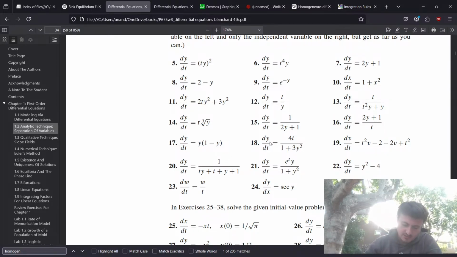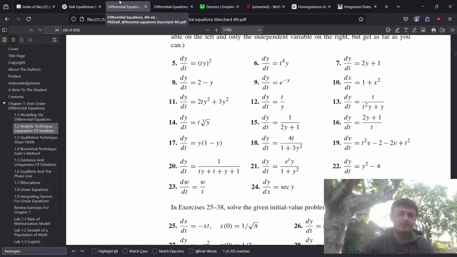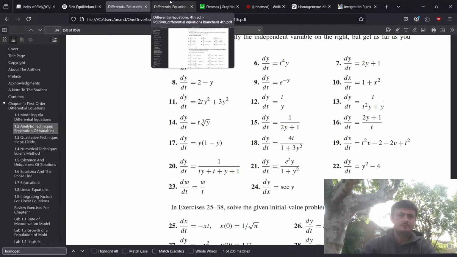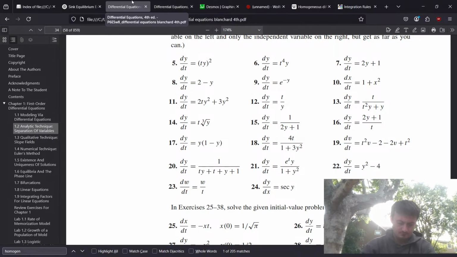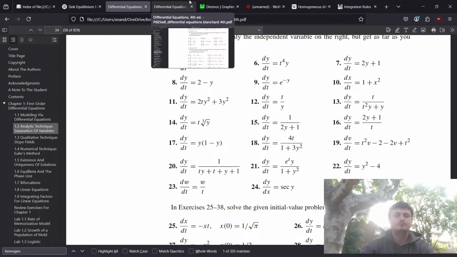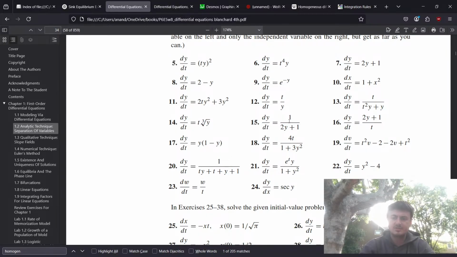Let's do 18. 18 looks pretty good really quickly. 1 plus 3y squared dy is equal to 4t dt. So we integrate... wait. I just want to see how it's going to do this.